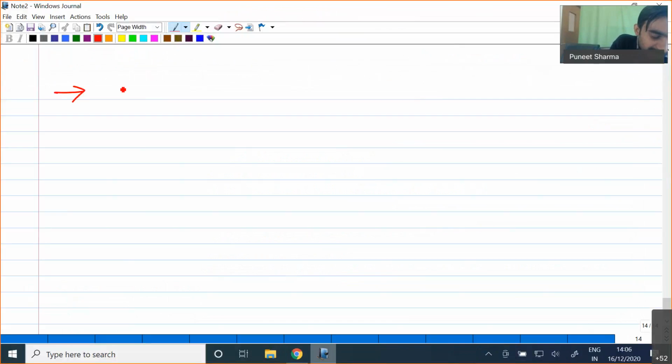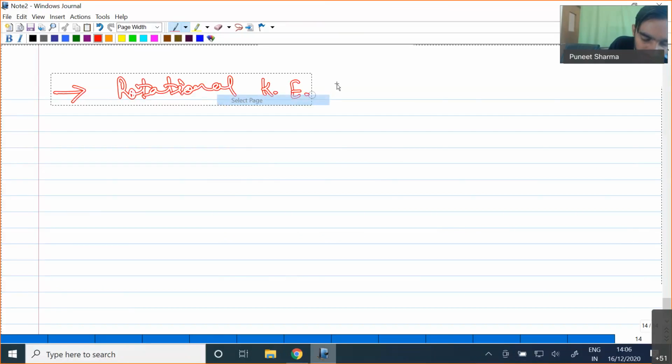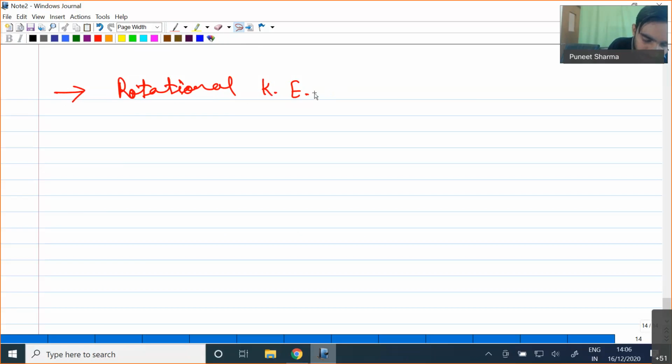The very first question is that the rotational kinetic energy of a molecule is 0.